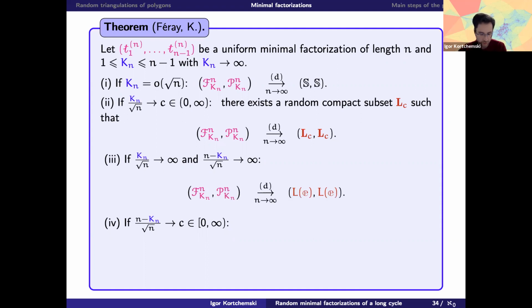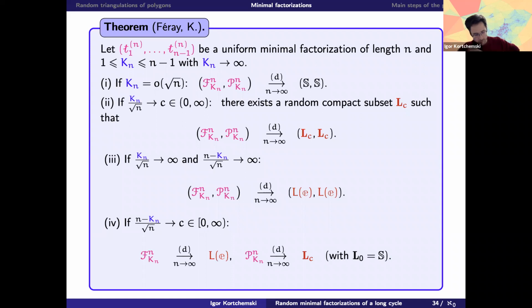In the stationary phase, in the bulk phase, we have joint convergence to the Brownian triangulation. This is the triangulation which didn't move in the first simulation when we were at the scale n.